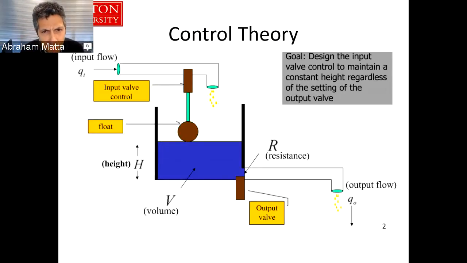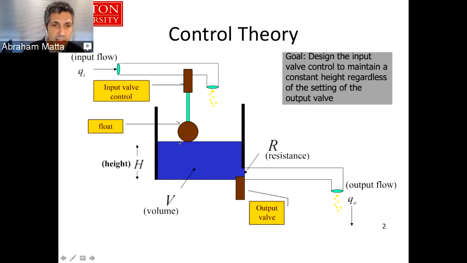A classical example from control theory is a tank of water that is leaking at a certain output rate, but maybe we don't know what this output rate is. We have an input flow coming in, and our goal is to control the rate of input flow through the input valve to maintain a certain level of water in this tank.